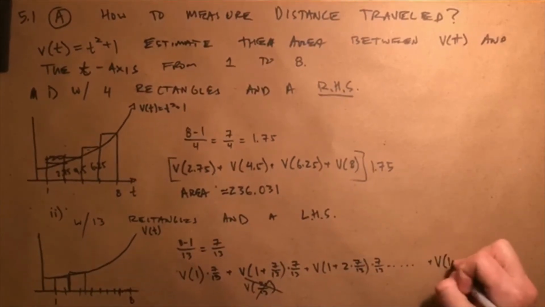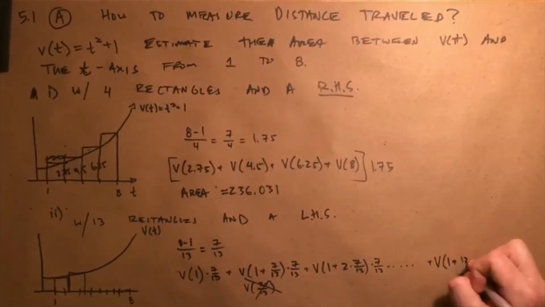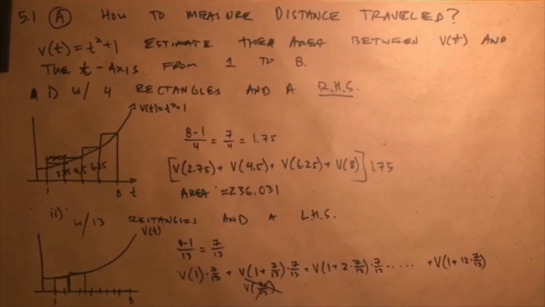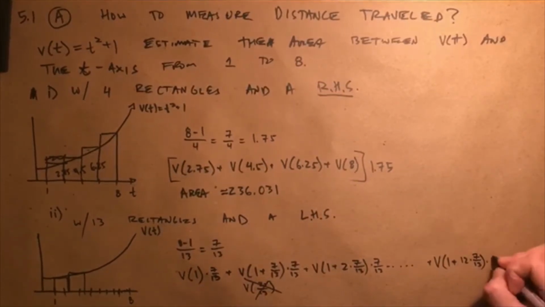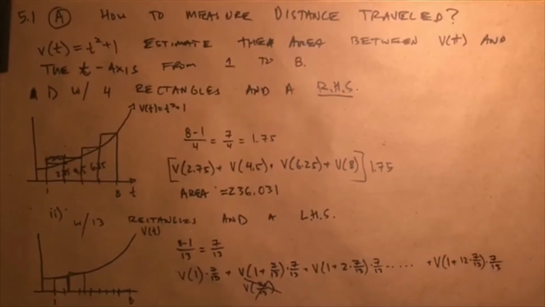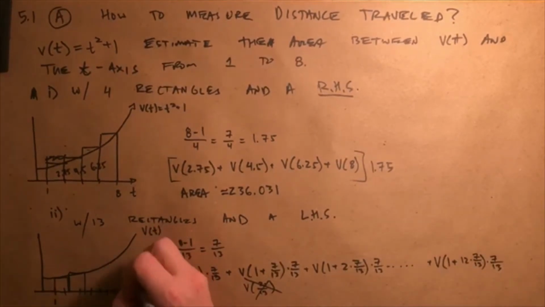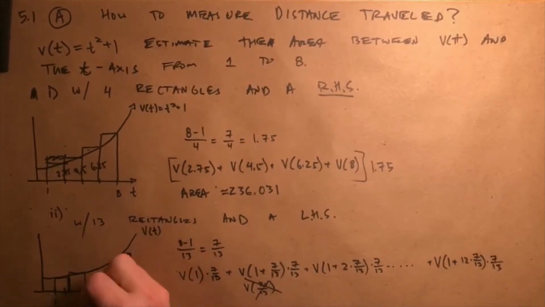V of 1 plus 12 times 7/13. And the reason that we know we're not going all the way over is that if I went 13, it would be 13 over 13, and that would murder itself, and I would have v of 8, and that's not the height that I need to use. I need to use the height right before it.